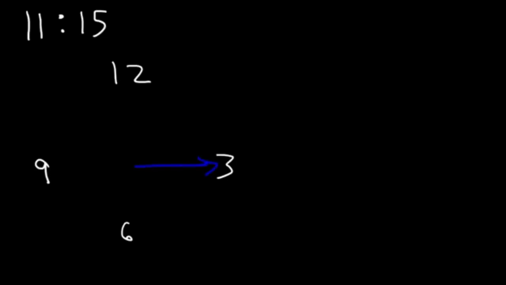3 is for 15, 6 is 30, 9 is 45, 12 is 0. So every increment of 5 is for each number. So for example, let's put down the other numbers.